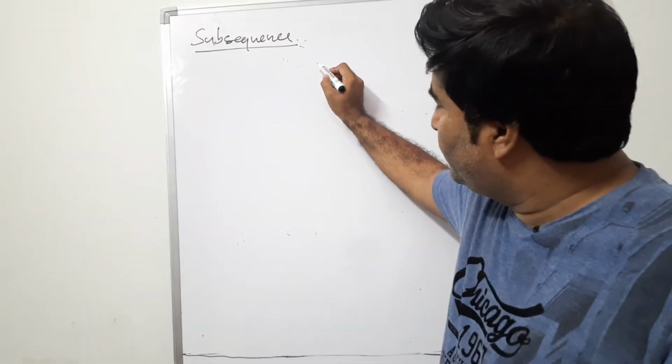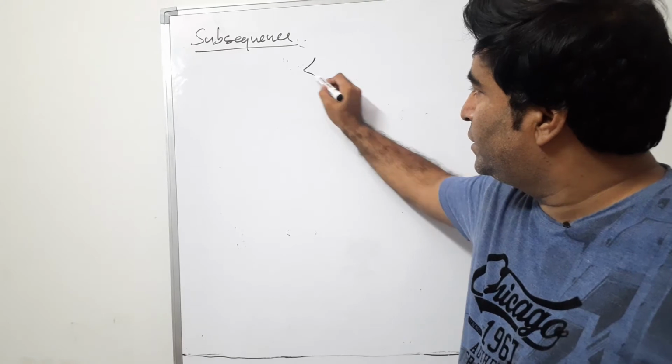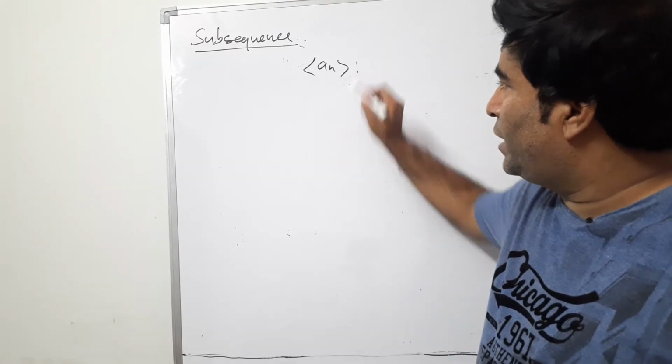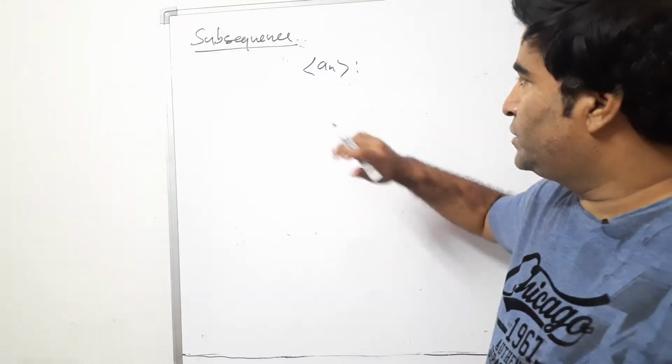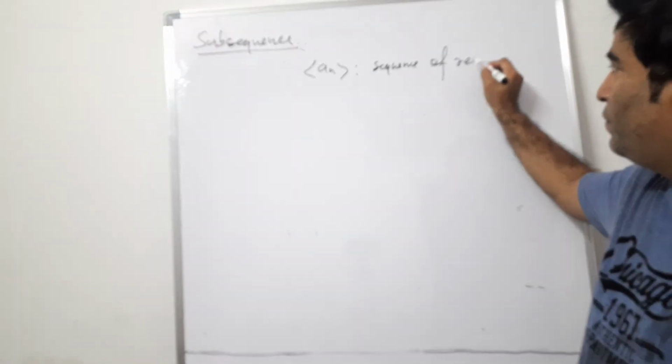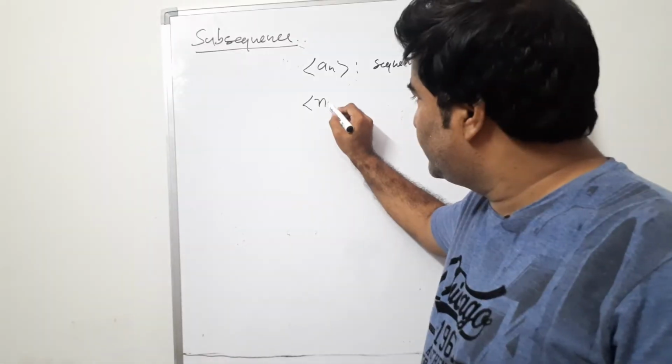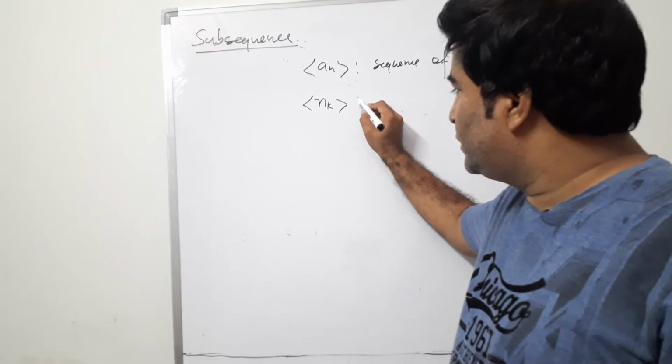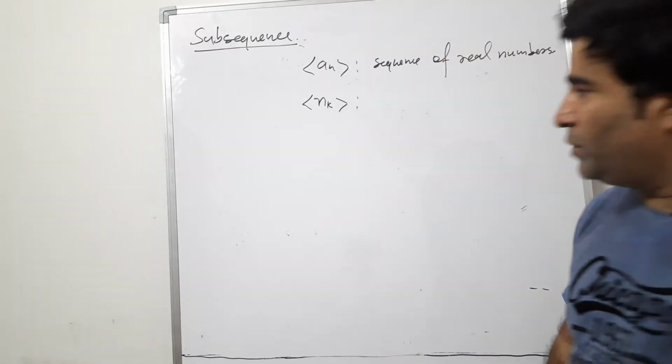Suppose that we have a sequence an. This sequence is given, a sequence of real numbers, and here we construct a sequence of natural numbers.